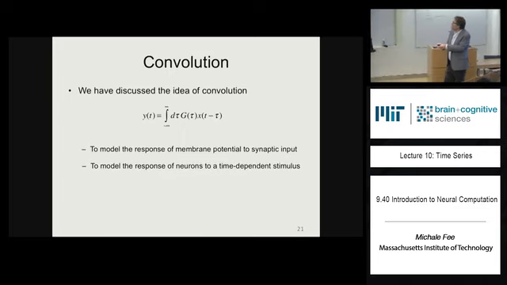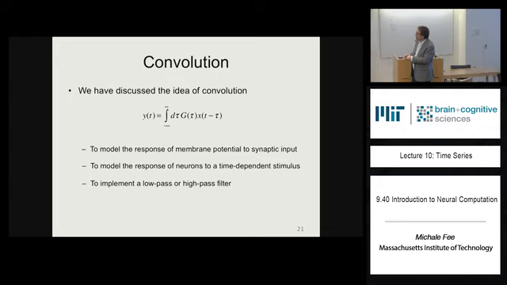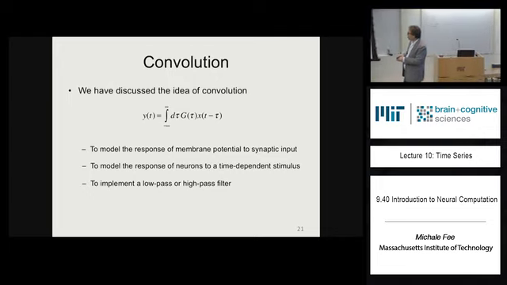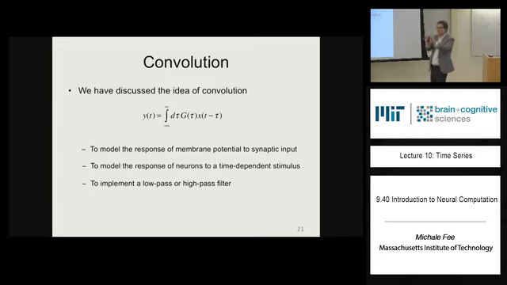We've used it to model the response of neurons to a time-dependent stimulus. I've also described how you can use it to implement a low-pass or high-pass filter, for extracting low-frequency signals to get the local field potential out of neurons, or for high-pass filtering to get rid of the low-frequency signals so that you can see the spikes.